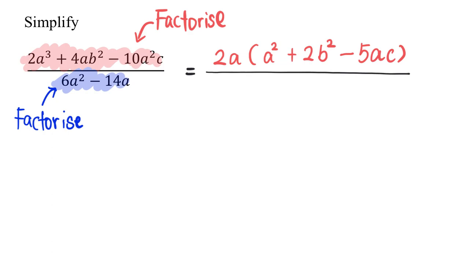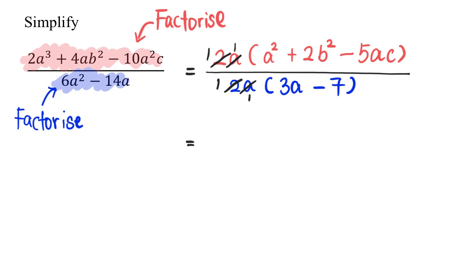And for the denominator, we can also divide by 2 and a. And I'm left with 3a minus 14 divided by 2, 7. And therefore, we could continue to simplify by dividing by 2 to give me 1, and a to give me 1 as well.